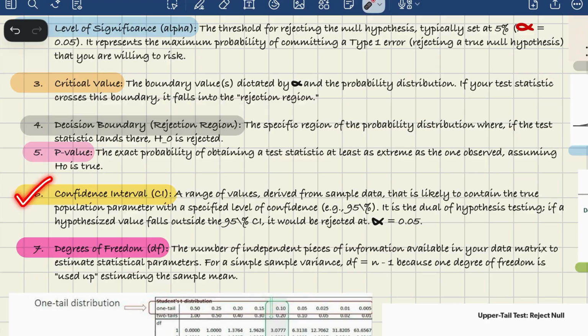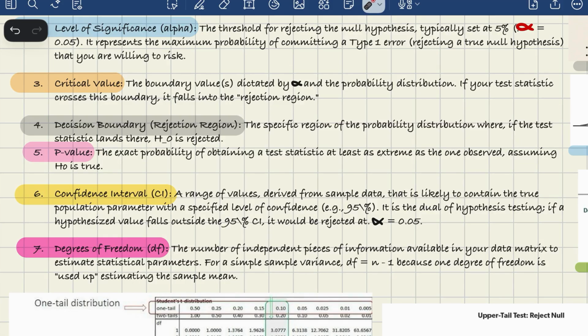Then comes the confidence interval. The confidence interval is the dual twin of hypothesis testing. Instead of giving a single yes or no answer, it provides an estimated range of values, like 90%, 95% confidence, that likely contains the true population average.